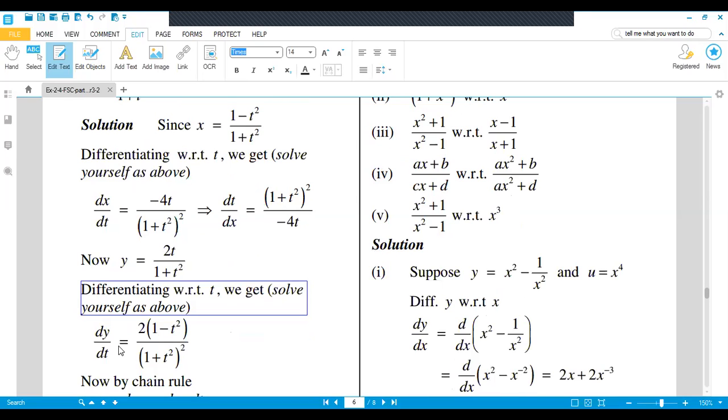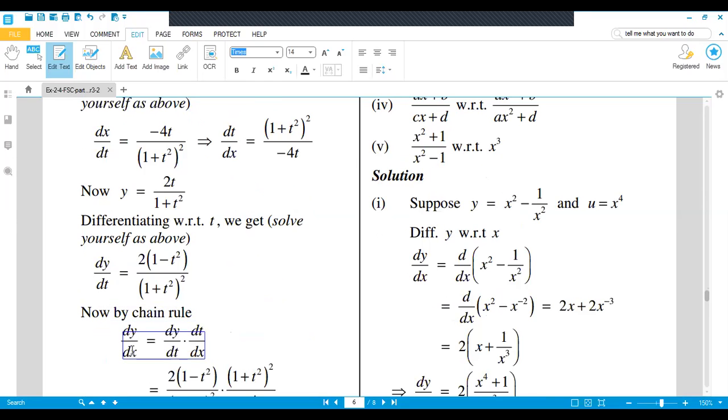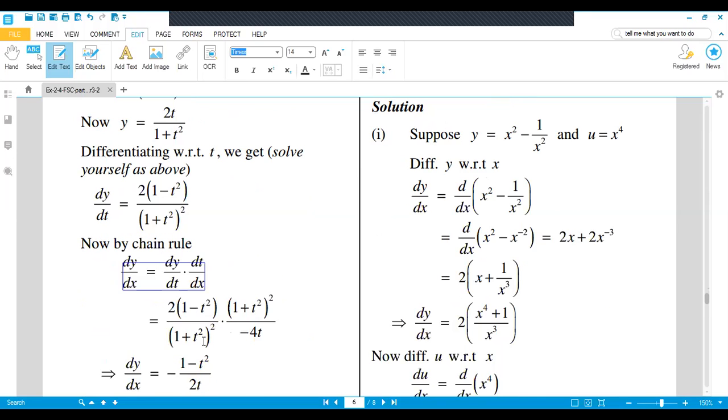So you will get dy by dt as this. Now by chain rule, dy by dx is equal to dy by dt into dt by dx. So you put the values of dy by dt and dt by dx. When you simplify it, the 1 plus t square whole square cancels with the 1 plus t square whole square, and 2 cancels with 4. So you get minus 1 minus t square divided by 2t. This is dy by dx.